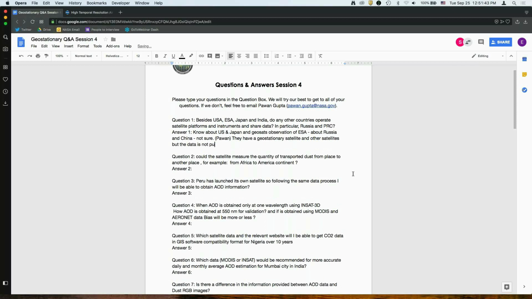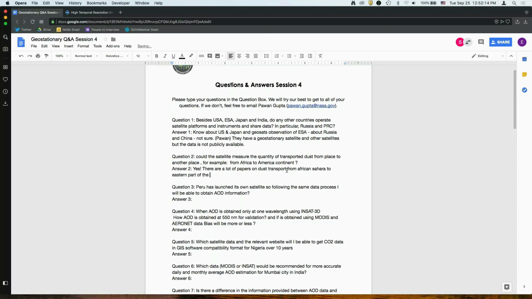Okay, fine. So we'll go to the next. Could the satellite measure the quantity of transported dust from one place to another place, for example, Africa to the American continents? Yeah, the answer is yes. Maybe you can see some papers where a lot of people have studied the dust transport, especially from the African Sahara to the eastern part of the United States of America, and that has been primarily done using MODIS observations.